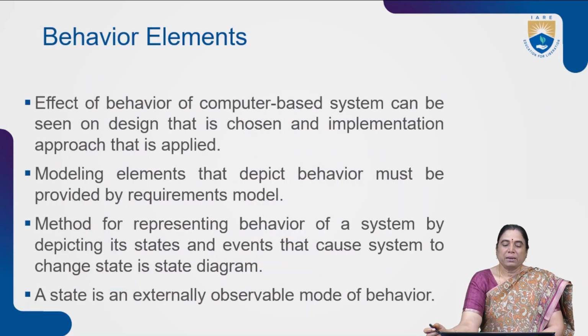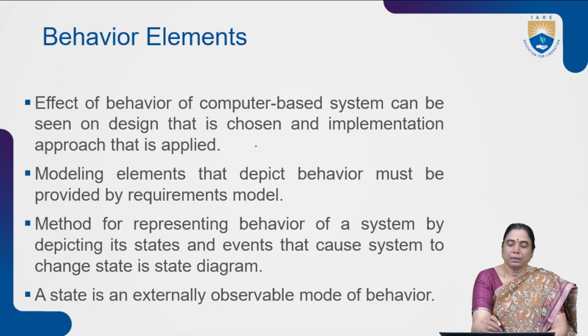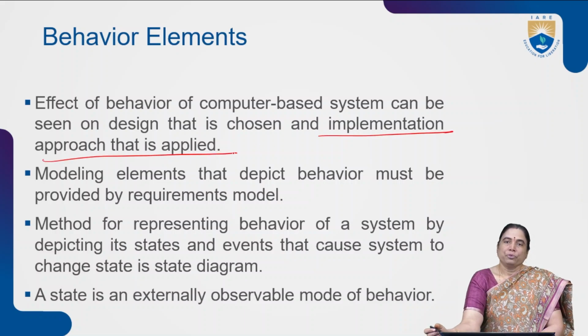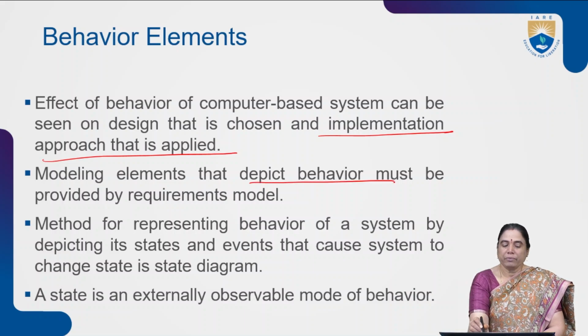Next set of elements are the behavior elements. So, the effect of behavior of a computer-based system can be seen on the design that is chosen and the implementation approach applied. So, during runtime, how the software behaves is modeled with the help of behavioral elements. Modeling elements that depict behavior must be provided by the requirements model.